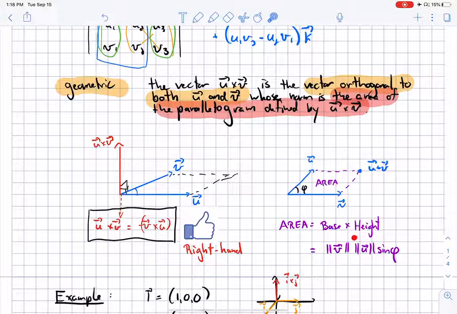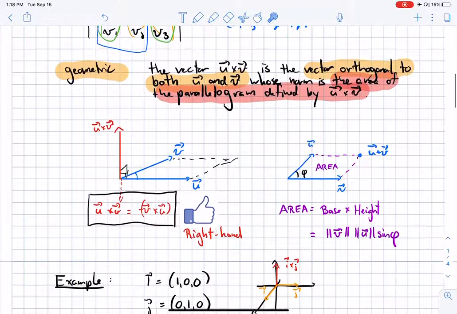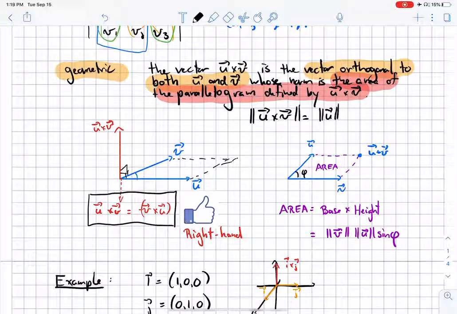So I get from this that the norm of u cross v is equal to the norm of u times the norm of v times the sine of phi. Pick phi to be positive always.